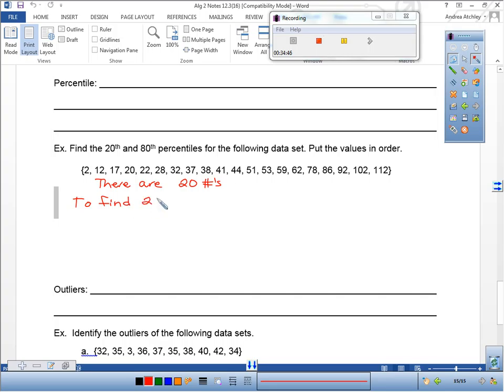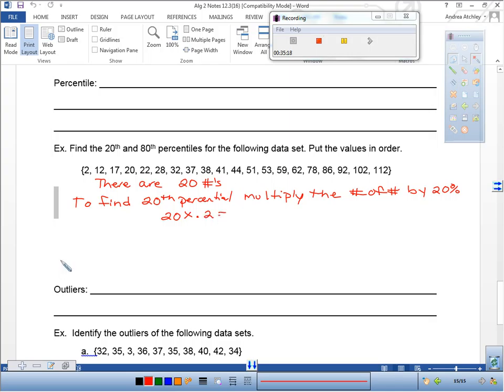To find the 20th percentile, multiply the number of numbers by 20%. So there's 20 numbers, and you're going to times it by 0.2, and that should give you 4.